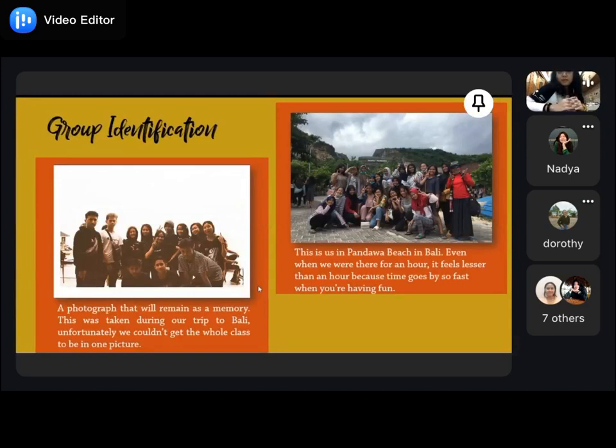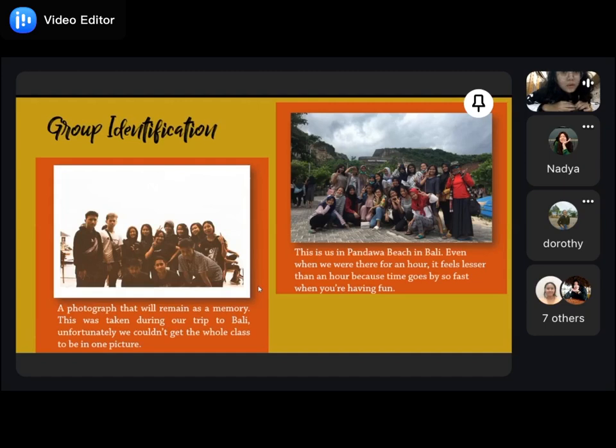For this fifth one is group identification, which is used to identify when subjects are more than one. So it's almost like identification bar, but with more people. For this first picture, a photograph that will remain as a memory. This was taken during our trip to Bali.